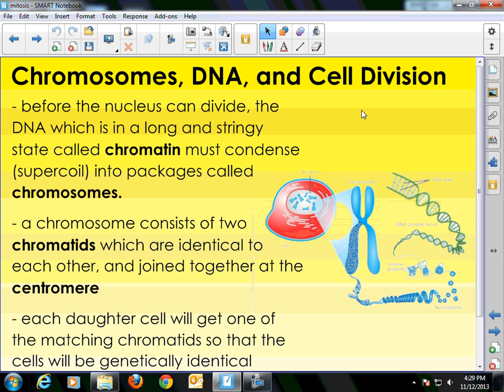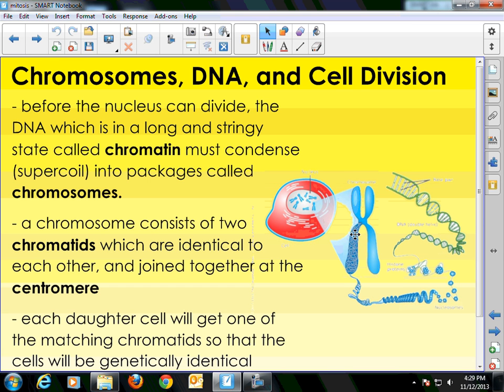A good way to wrap this all up and put these pieces together: before the nucleus divides, the DNA is all loose and stringy, called chromatin. That chromatin must condense and form this X-shaped structure called a chromosome. Looking here, you can see how it coils itself around these histone proteins, and then the coils coil around themselves, and then the coils of the coils coil around themselves, and it gets more and more tightly coiled until it shows up in this structure.